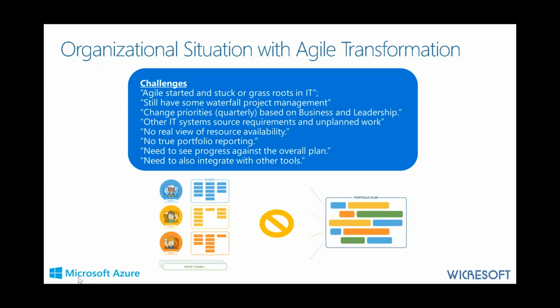There's also challenges with respect to resource availability and seeing across multiple teams. Also with respect to financial tracking across all of those different teams that might be working in all those products. So it's more about providing the perspective of all the work that's being accomplished in a Scrum Agile way.